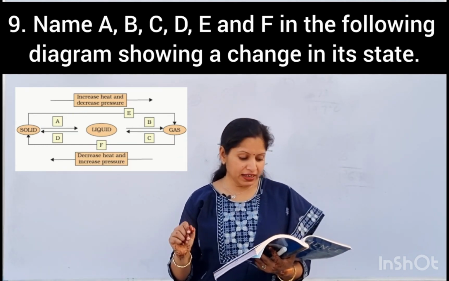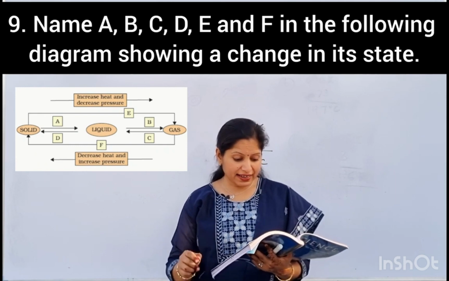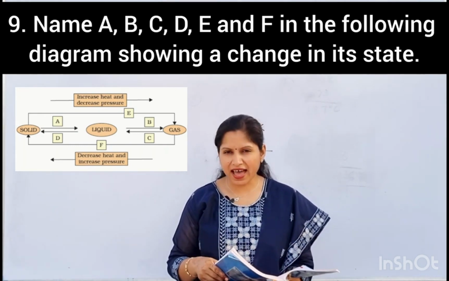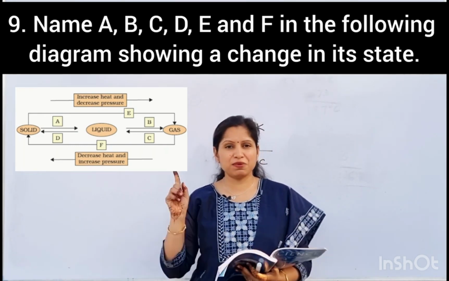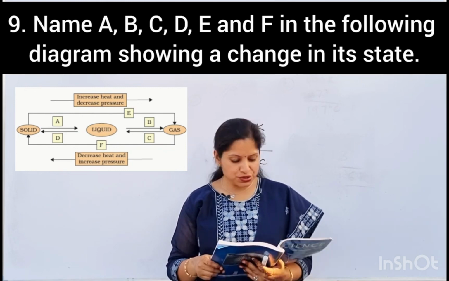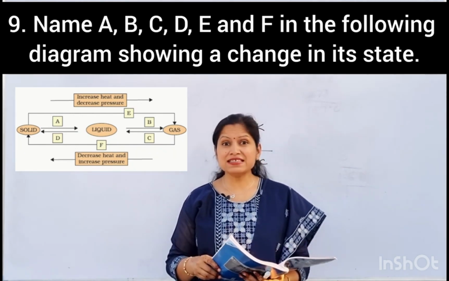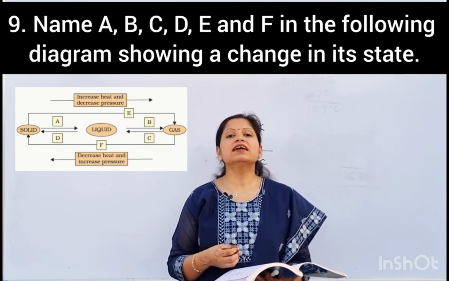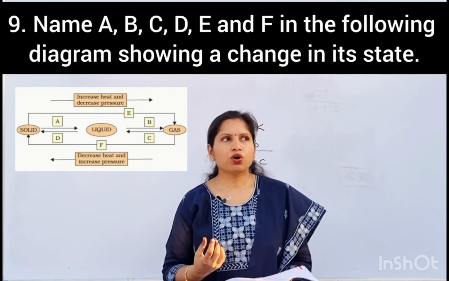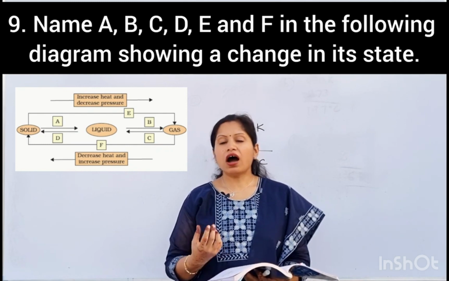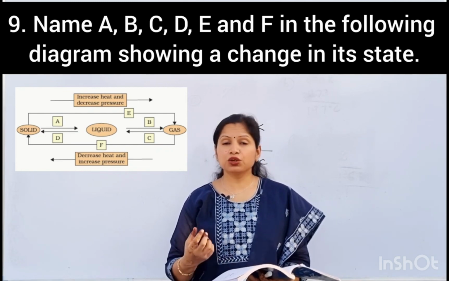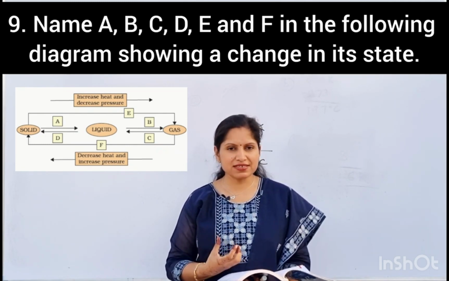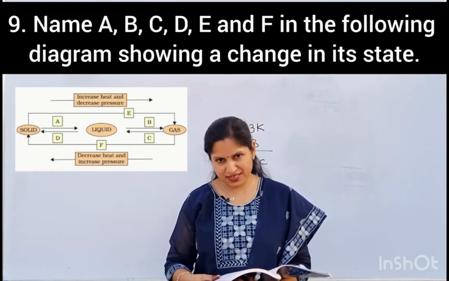Next, E. Solid is directly getting converted to gas. I hope you remember that experiment that we did. So that is showing sublimation. Solids like naphthalene, ammonium chloride or camphor, iodine, all these get converted directly from solid state to the gaseous phase.